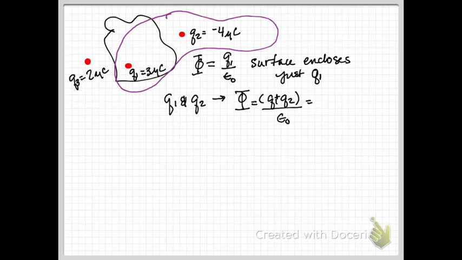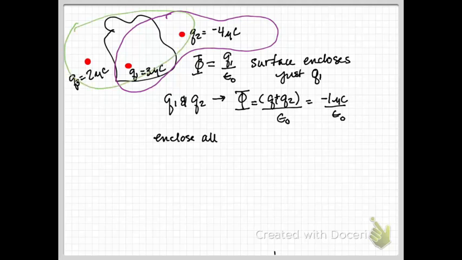So that is going to be minus 1 microcoulomb over epsilon naught. And then if we enclose all of the charges, we get the flux is going to be Q1, Q2, Q3 over epsilon naught.